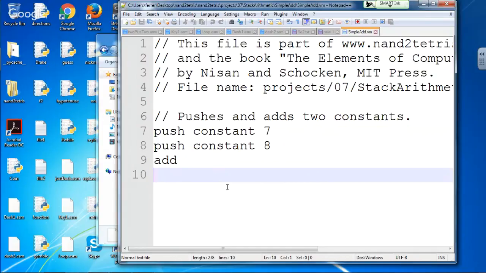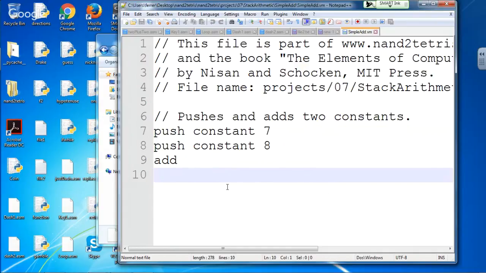So add, remember, pops the top two values from the stack, adds them, pushes the value back on the stack. Obviously, this is not a very interesting program, but it's a great first test case. So to kick this off, as this example implies, the first things you want to implement are pushing constants.